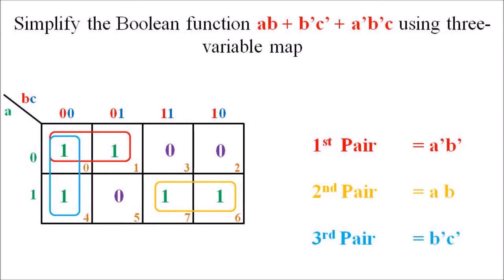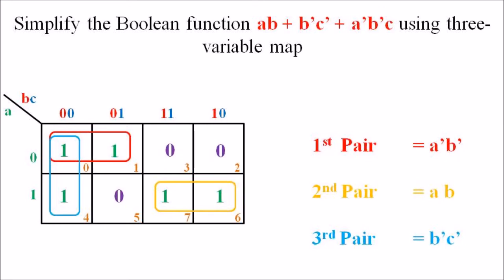The value of B is 0 in both cells, while the value of C changes from 0 to 1. Thus, the unchanged variables should be considered for the final reduction. The first pair's reduced form is A bar, B bar.